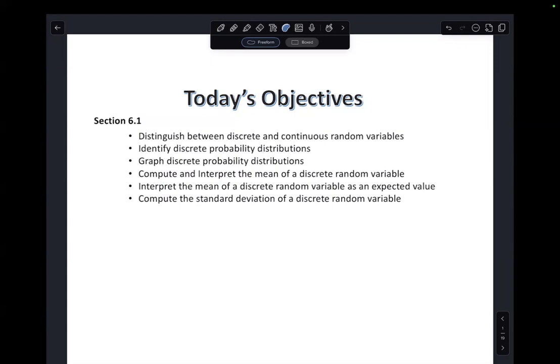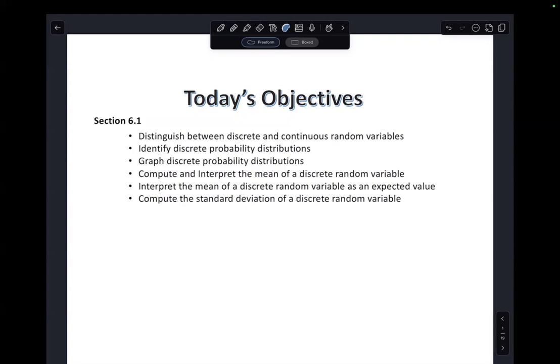So today, pretty short. I would be really surprised if I was talking past 6:15. We're going to distinguish between discrete and continuous random variables. It's very similar to the definitions we've already looked at. We're going to look at discrete probability distributions. We've done some things with continuous, and we've done a little bit of this, so this shouldn't be super crazily different. We were doing categorical data with probability distributions, so this isn't much different.